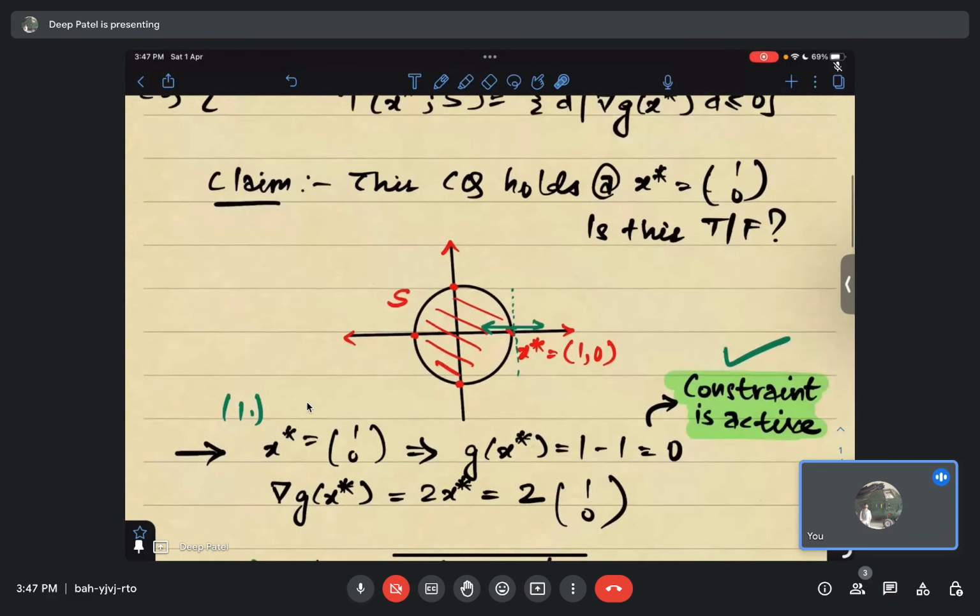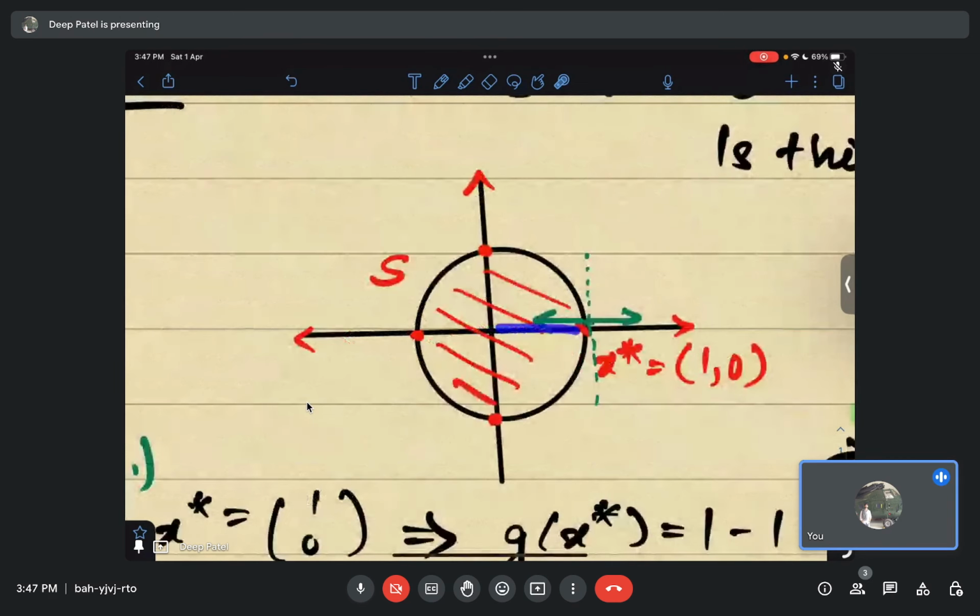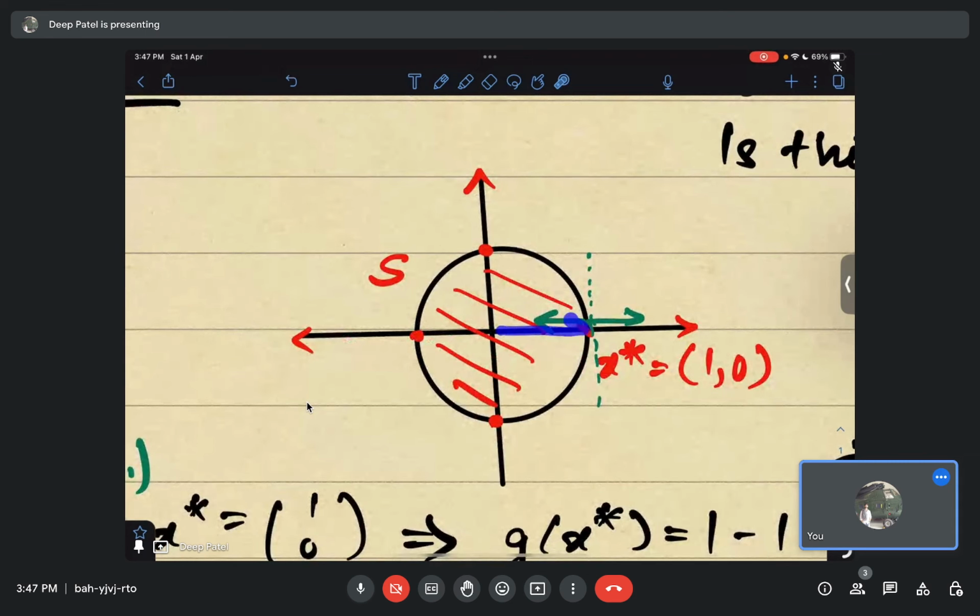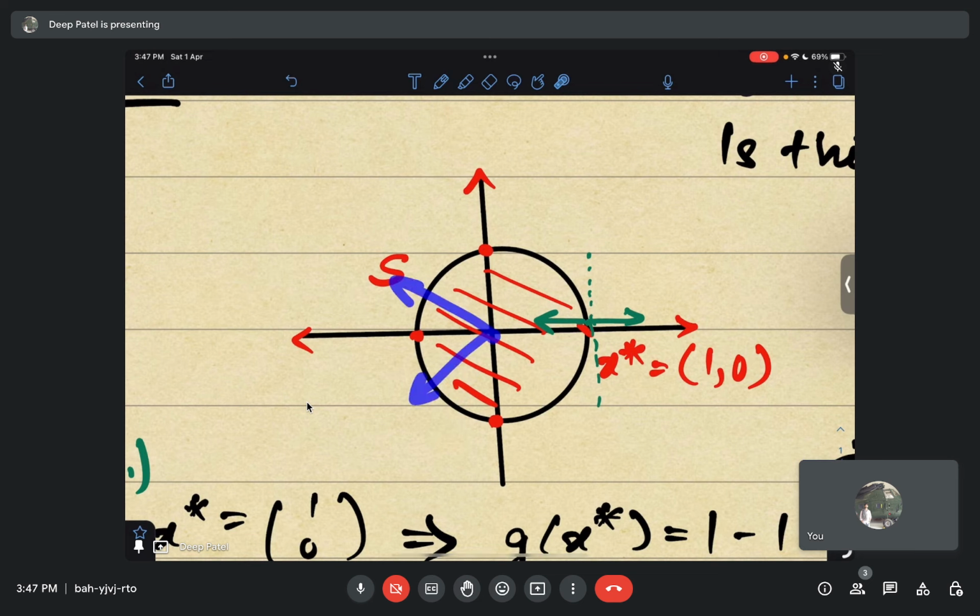So what you're saying is, this is my x star, right? This is my vector. And you are saying anything that is obtuse. Okay. Right, but any particular reason why you feel that should be the case?